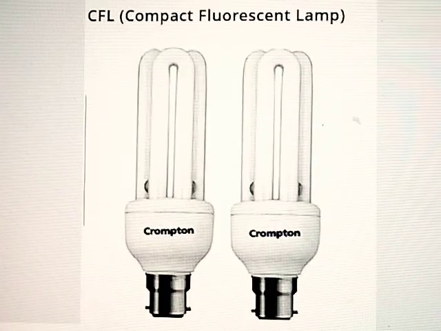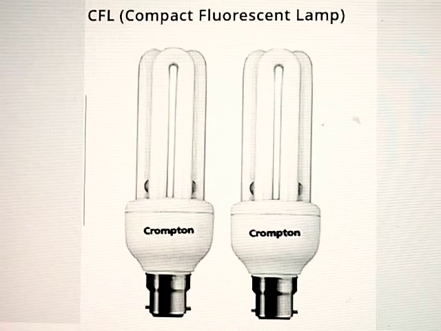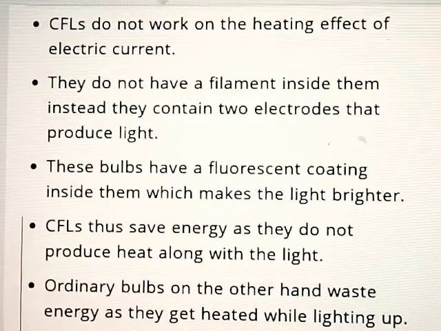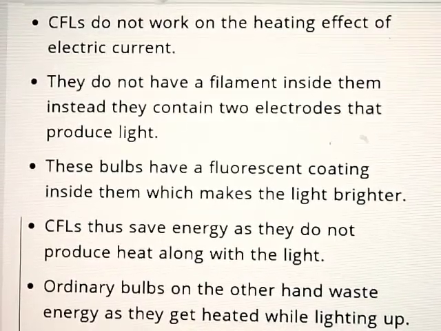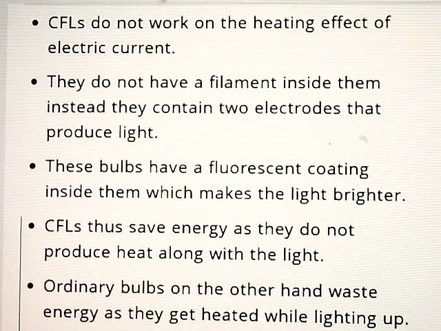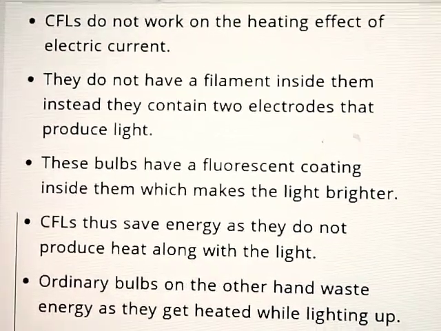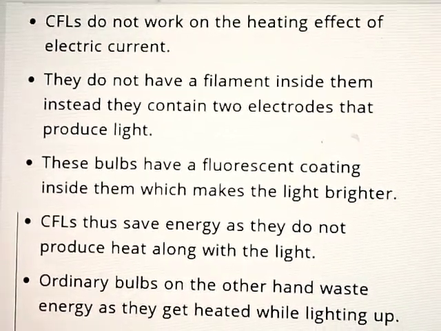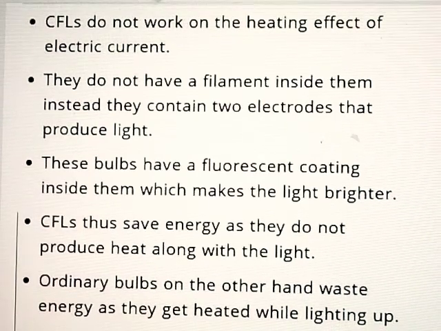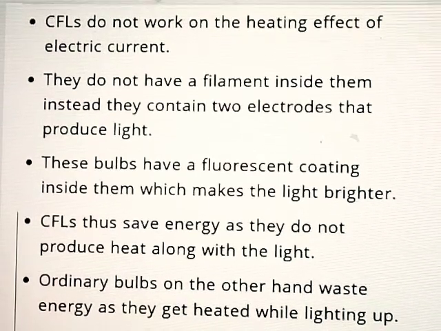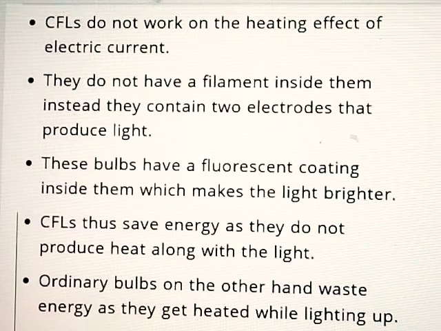CFL bulb, compact fluorescent lamp. CFLs do not work on the heating effect of electric current. They do not have a filament inside them. Instead, they contain two electrodes that produce light.